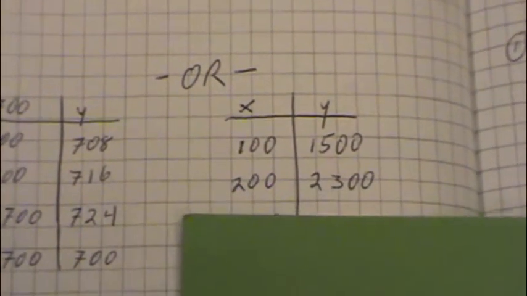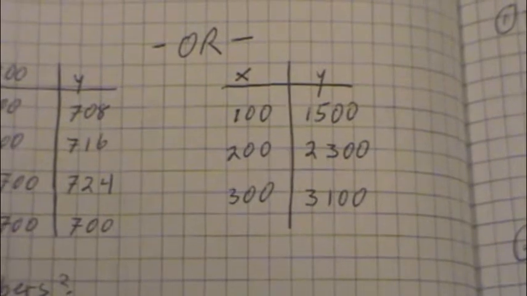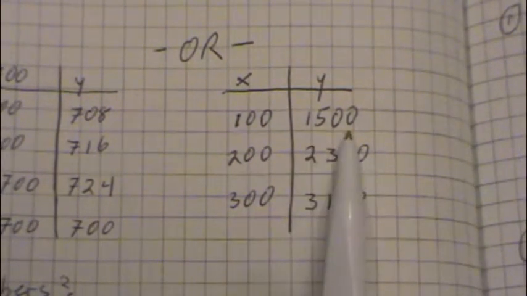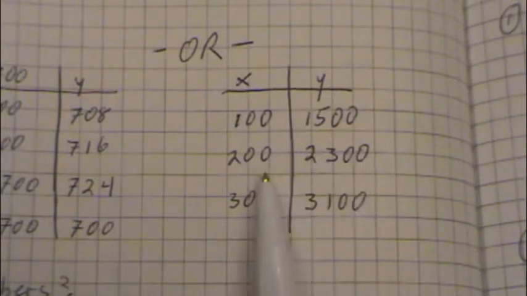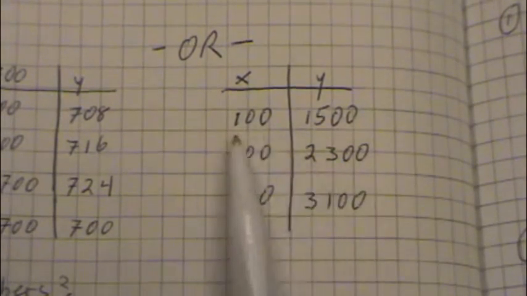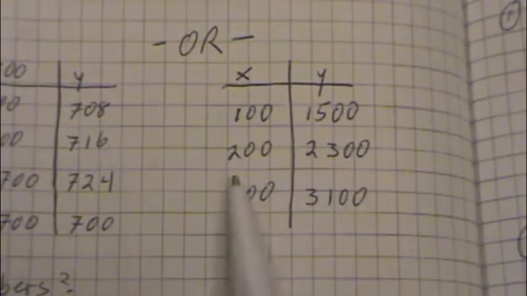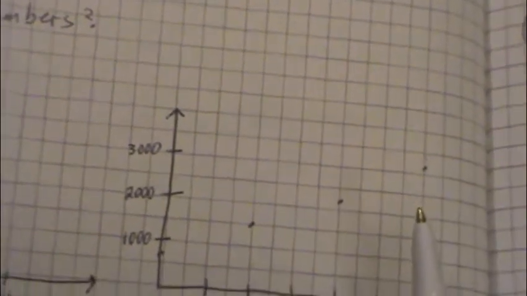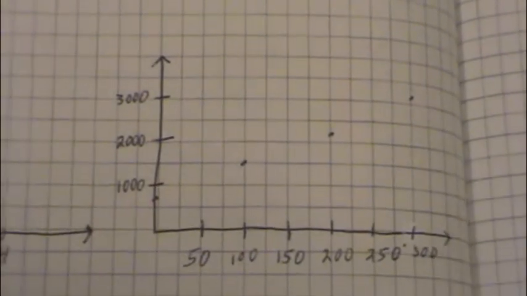And I put in 100 gallons and got that Y value of 1,500 pounds, and so on. Once I did this, a more real-world logical set of numbers, then my graph looks like that.